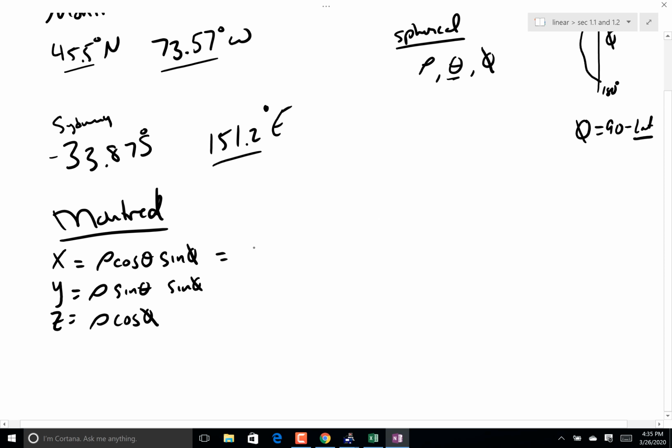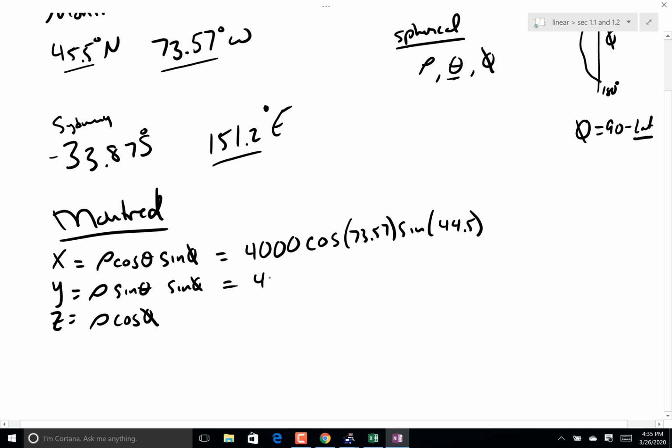So in this case, what is rho? Rho is the radius of the Earth, and it's roughly 4,000 miles, give or take. I'm going to go cosine of 73.57, sine of 44.5 degrees.